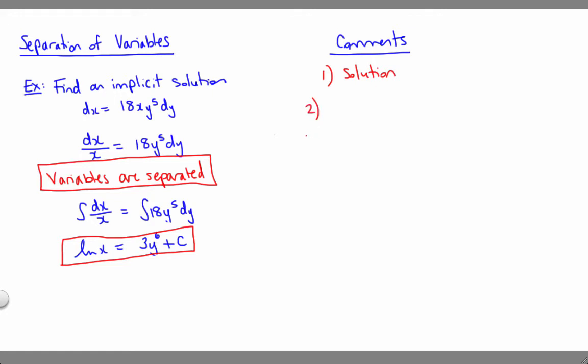Second comment, our solution here is an implicit function of x and y. What that means is that we've got an equation where x and y are tangled up, meaning we don't have an equation of the form y equals something.